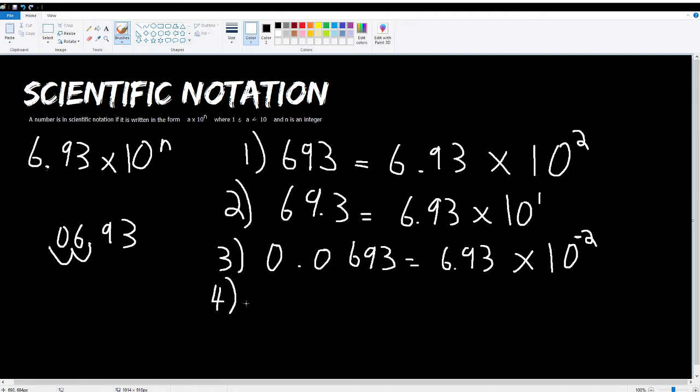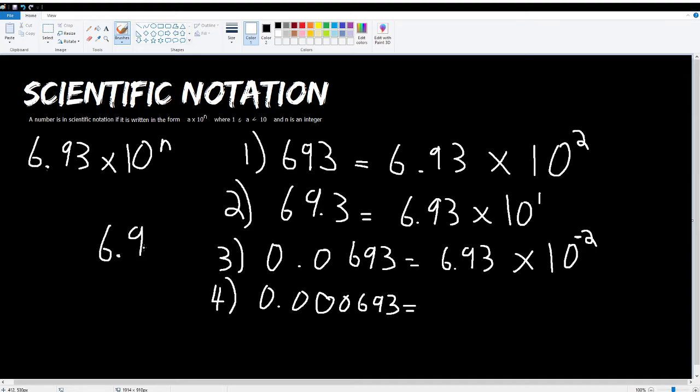Number 4. Let's see. It is 0.000693. Okay. Same idea here. We look back at the original decimal, 6.93. How many times do I gotta move it to look like this?